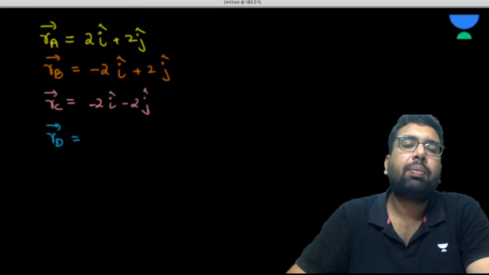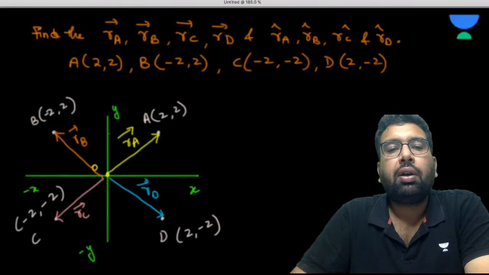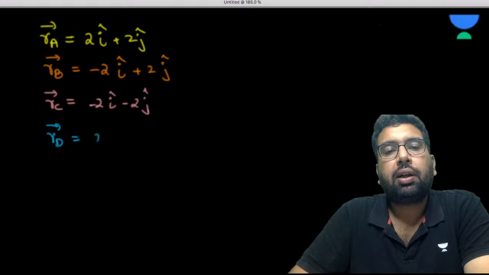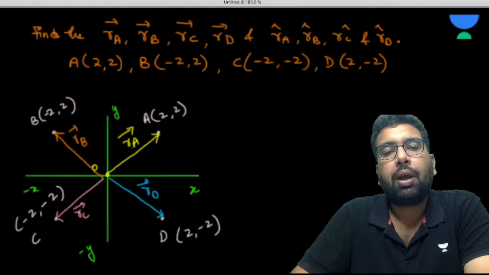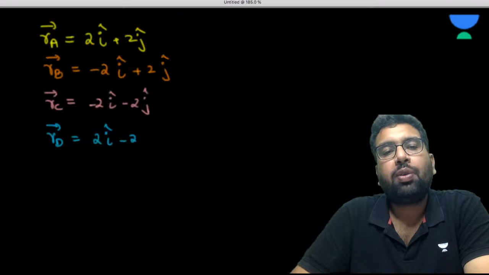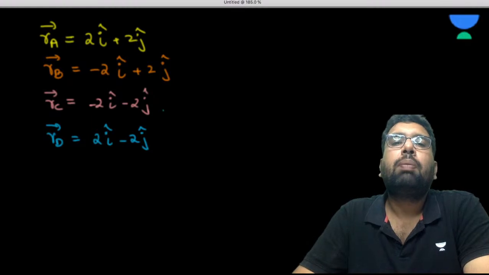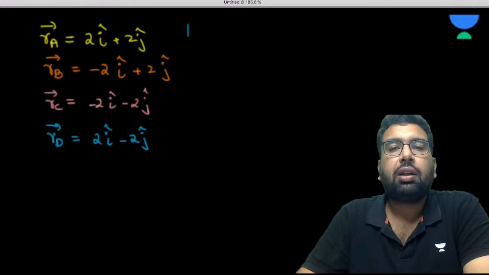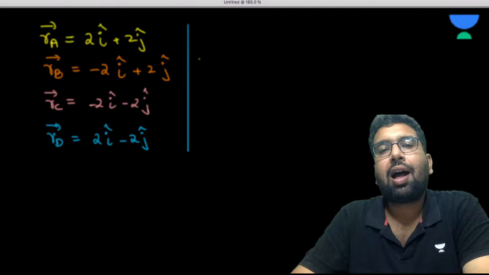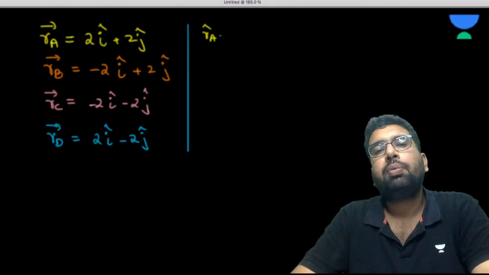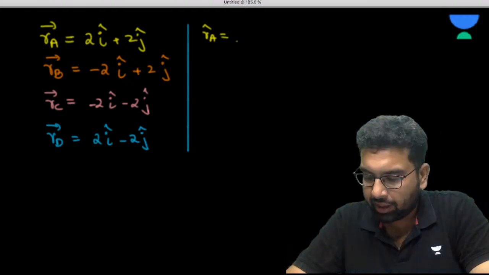Now coming to this D vector. If I say this D vector, it will become 2i cap minus 2j cap. So just by seeing the coordinate of any point, you can get the position vector. Now we can find this RA cap also. What is going to be the RA cap? It is going to be RA vector upon mod of RA vector.